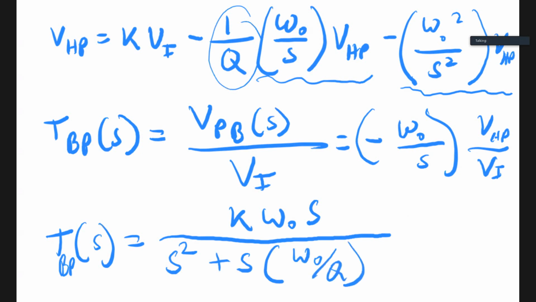That gives me the filter behavior over our familiar second order denominator. Then for the low pass, that's what I want to integrate twice.